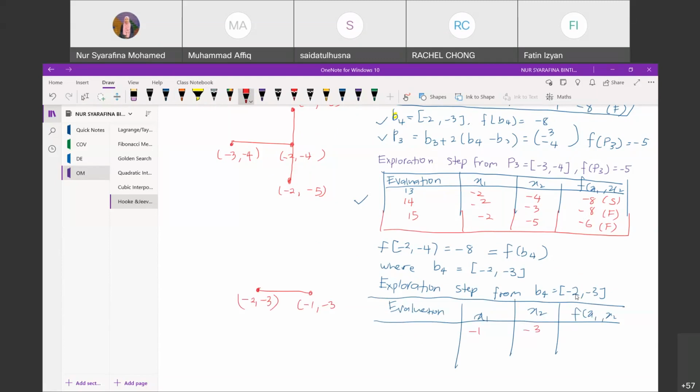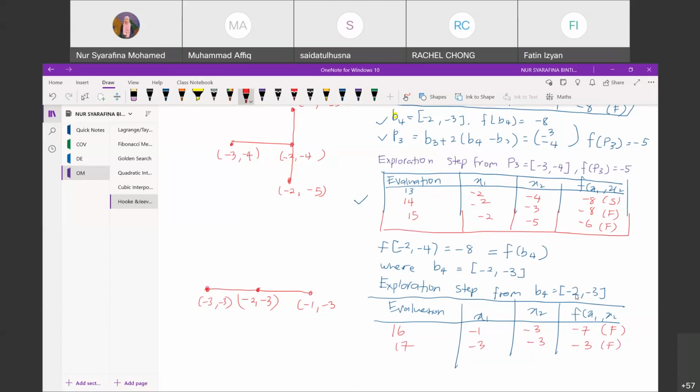Evaluation 16 will give you -7. This is a failure because it increased, right? And then to the left becomes -3, -3, which gives you -3, which is a failure.